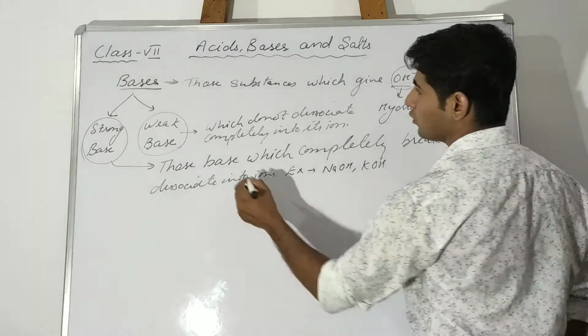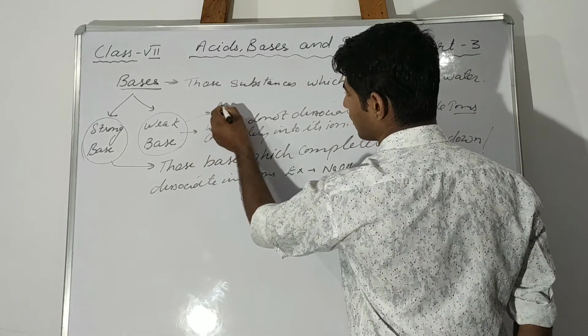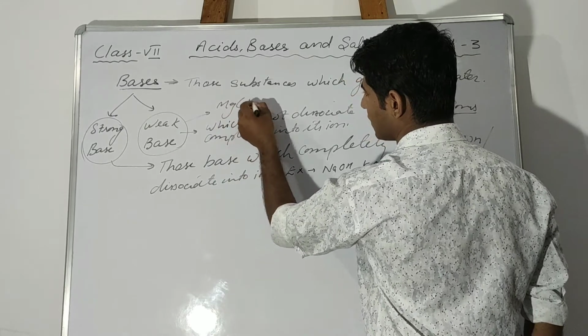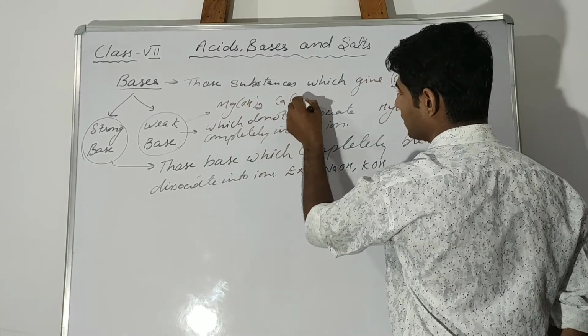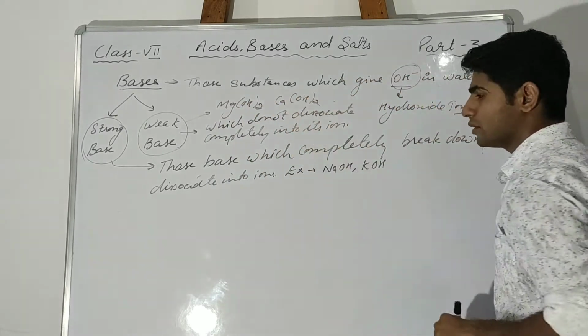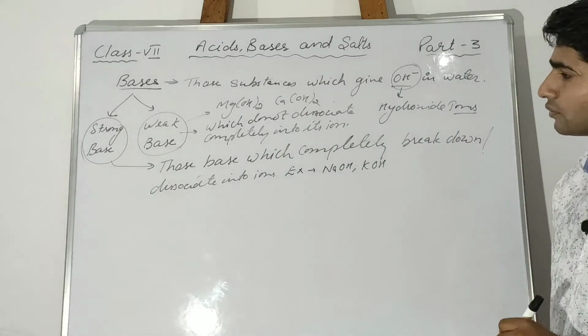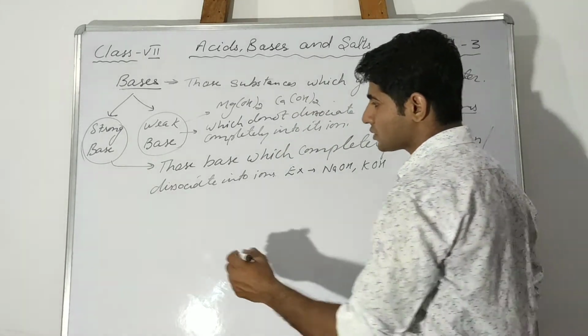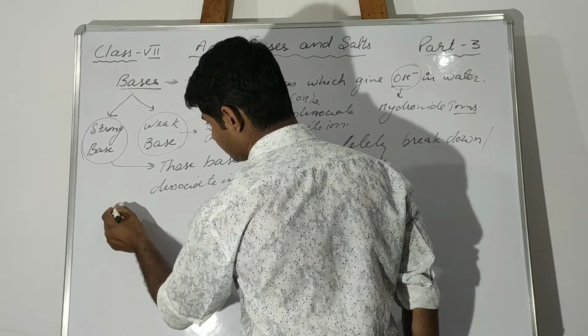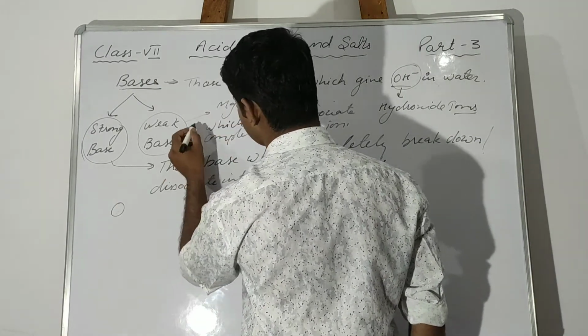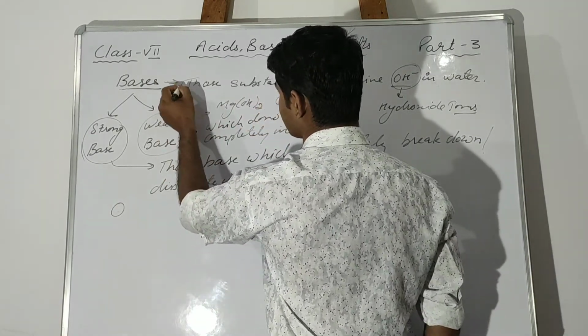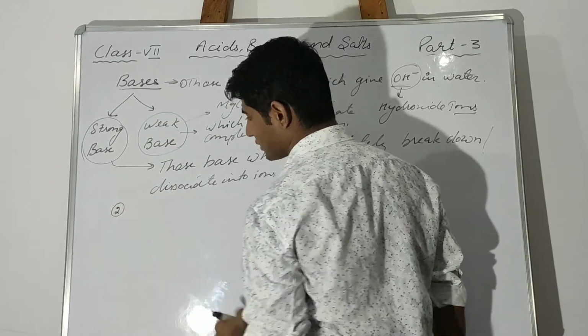So examples of weak base we can give are magnesium hydroxide and calcium hydroxide. Okay, then next is the first property of base. Okay, second property of base.